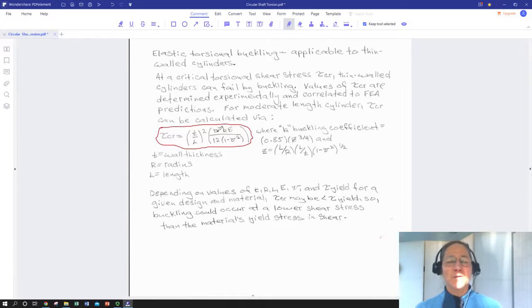Then we've got some constants. We've got pi, which is a geometric factor. We've got a couple of elastic constants. We've got our Young's modulus. So the stiffer a material is in tension, the higher tau is, but it's only linear. And we have 1 minus the Poisson's ratio squared.